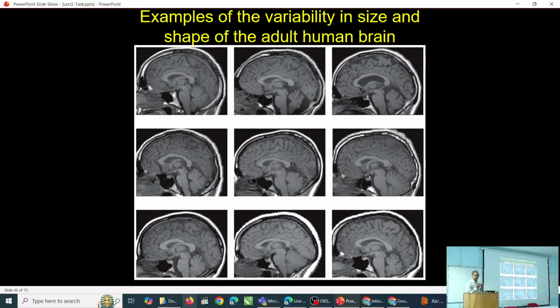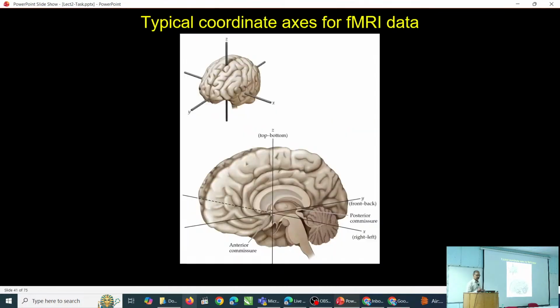Therefore we have to do different corrections, or we normalize to a standard brain template, where we transform every single subject into the MNI template. The MNI template is from about 200 subjects, which has been manually transformed and averaged, and then we look at these changes.